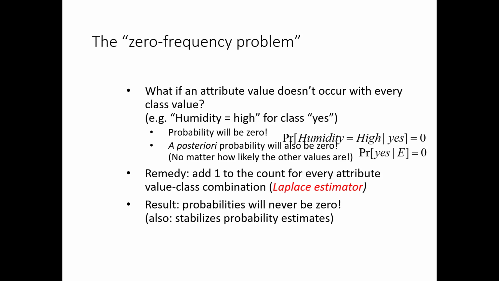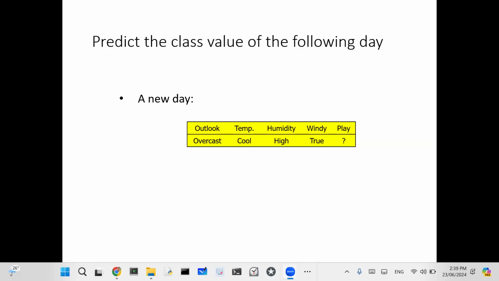Okay, now try with what we have discussed. Given this one, we want to calculate: outlook overcast, temperature cool, humidity high, and wind true. So how do you calculate?